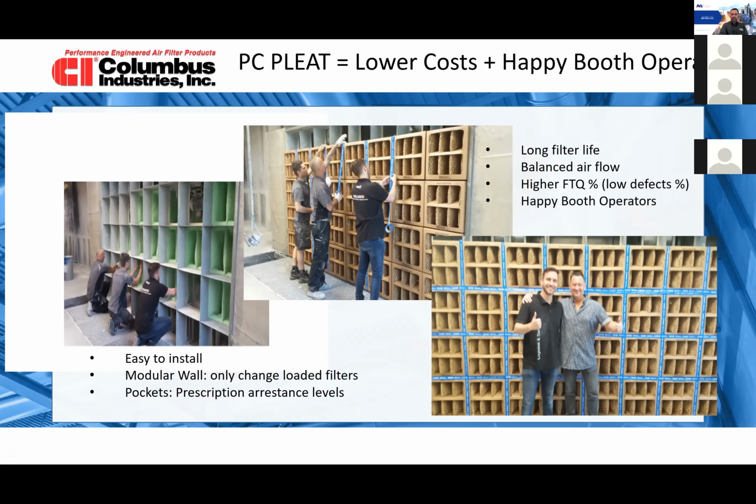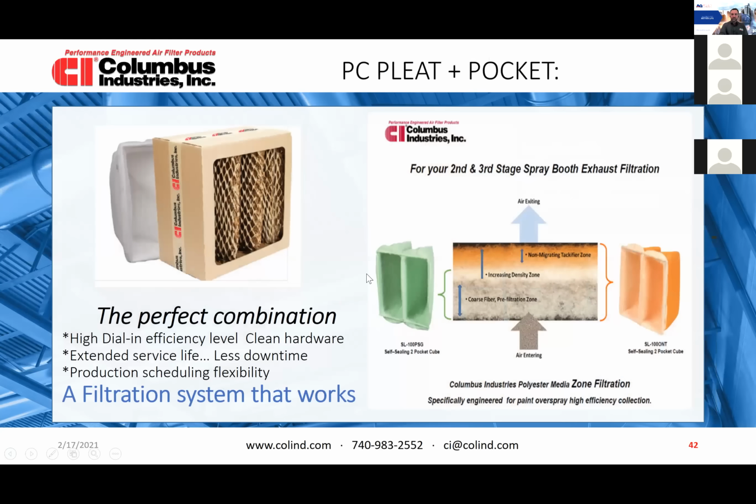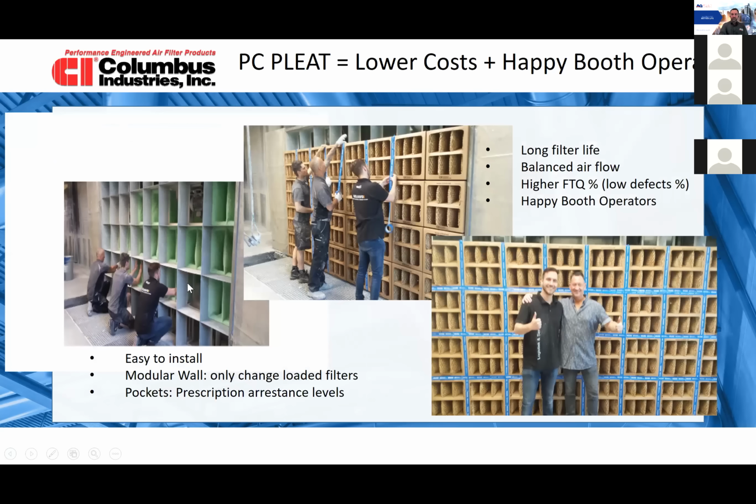And as you see here, these pockets do not have a frame or a header. That's on purpose because we use the media to seal against the framework, the lip in the back of this framework. When it receives the polyester in here, you have a natural hermetic seal. You don't have to worry about bypass or having your paint go through.